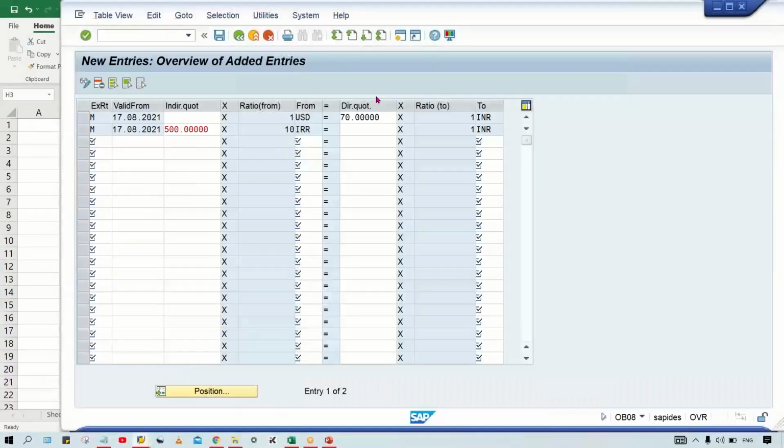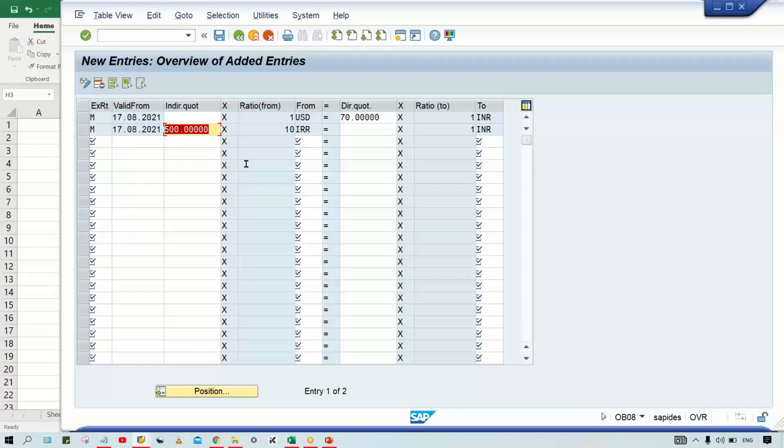So direct quotation is specified when the local currency, look here, your local currency is INR, is lower in value than the foreign currency. Then the rates are specified under direct quotation, right? When the local currency value is higher than the foreign currency, this IRR, the INR value is higher, so look here, the rate is specified under indirect quotation, right?